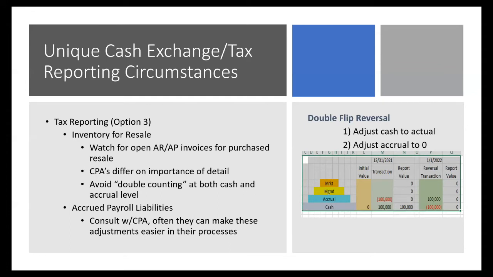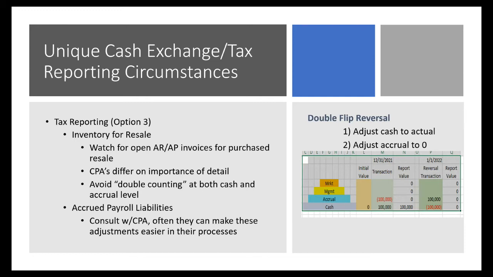Okay, so unique to cash exchange, especially as we get into the tax reporting side of things, is inventory for resale, especially for livestock. As we go through the year in FBS, the way of reporting is to run those livestock purchases through an expense account. Well, at the tax level, purchased livestock is not deductible, so we need to move some of those dollars back up to the balance sheet at the cost level.